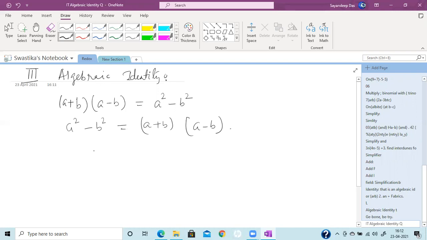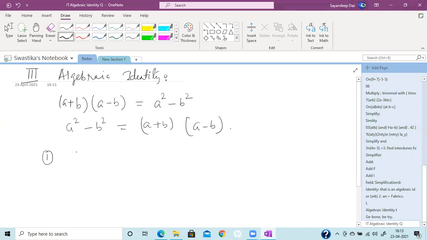So if you are given a problem, that is, apply this identity in this problem, if we start with something simple, this is the simplest identity.